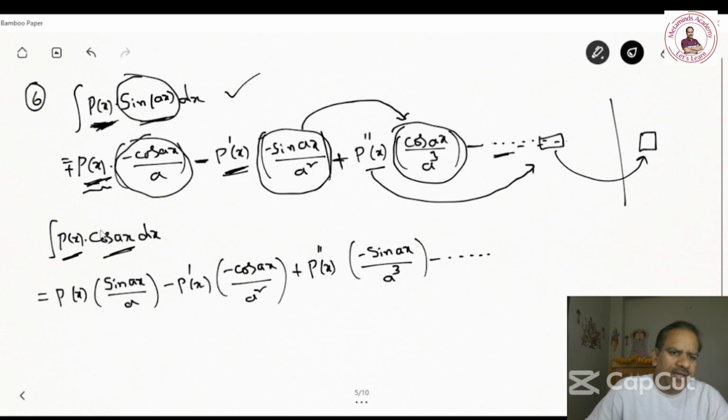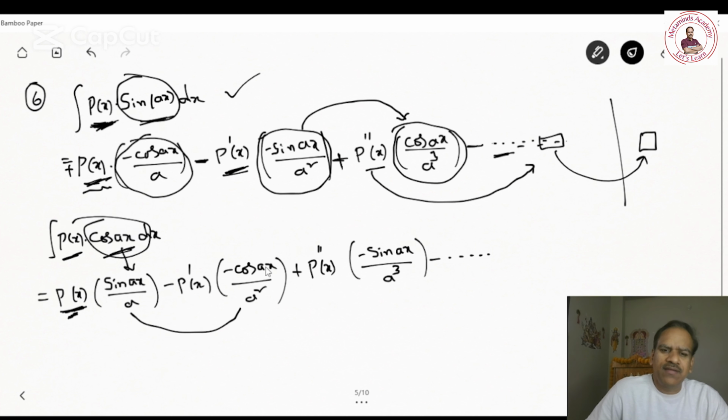So here also you have polynomial and a cosine. In the first term, you have to write the polynomial as it is. You should not take derivative, right? The integration of cos ax is sin ax by a. Integration of sin ax by a is minus cos ax by a square. Integration of this is minus sin ax by a cube, and so on.